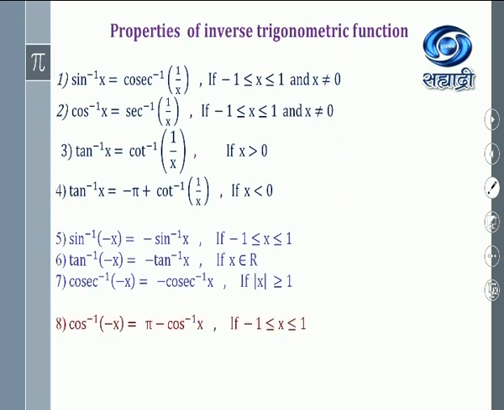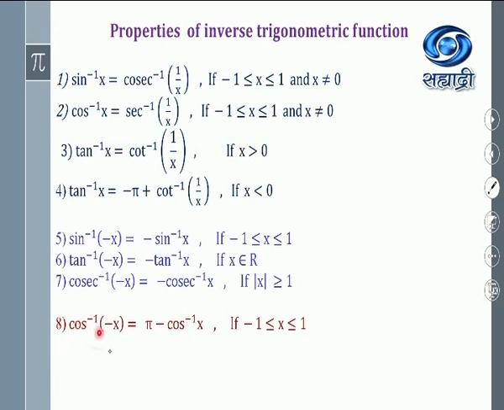Next is number 8. Cos inverse minus x is equal to pi minus cos inverse x if x is less than or equal to 1, greater than or equal to minus 1. This is very important. Make it a point. So these three are written together so that you can remember this very easily. For sin inverse of minus x, tan inverse of minus x, and cosec inverse of minus x, all those signs come outside, and we can write minus sin inverse x, minus tan inverse x, and minus cosec inverse x.